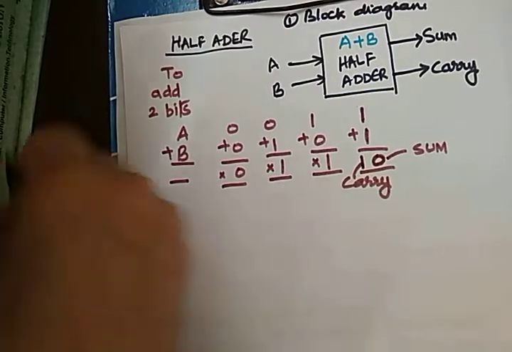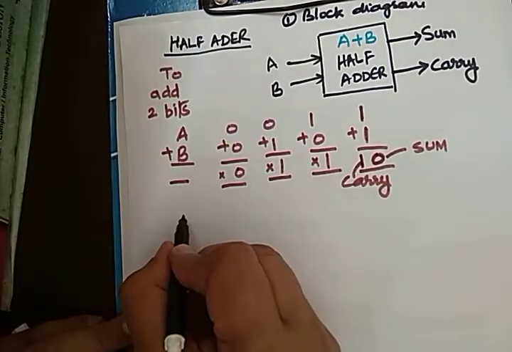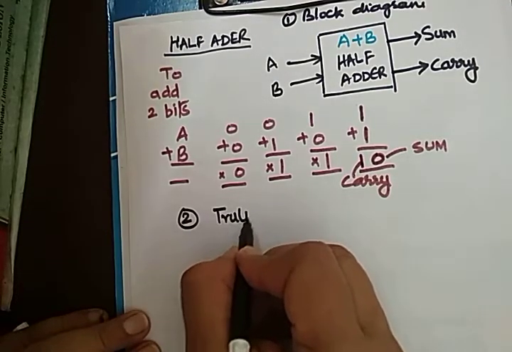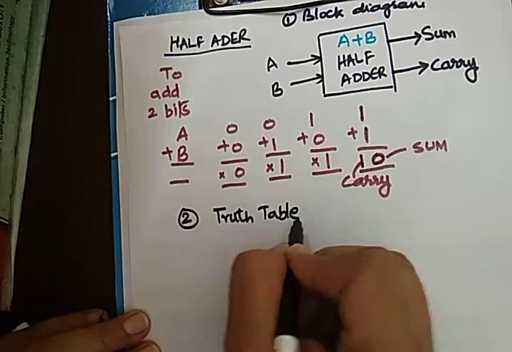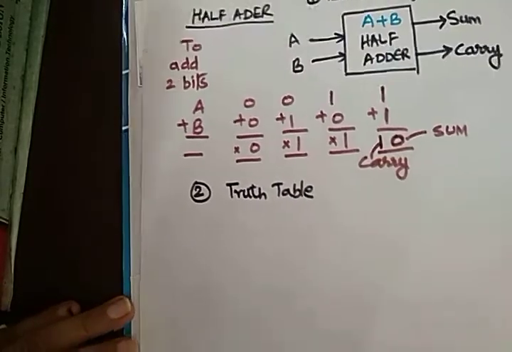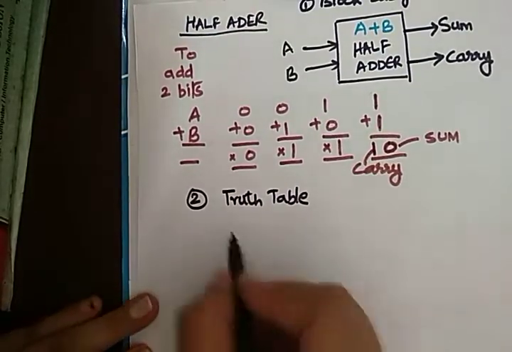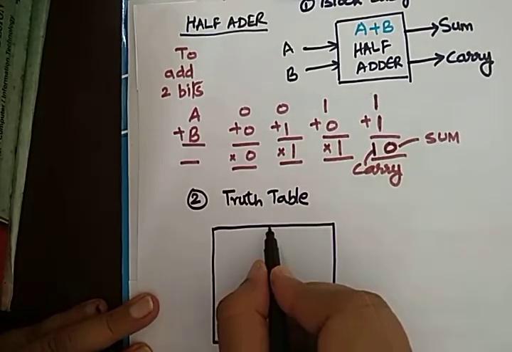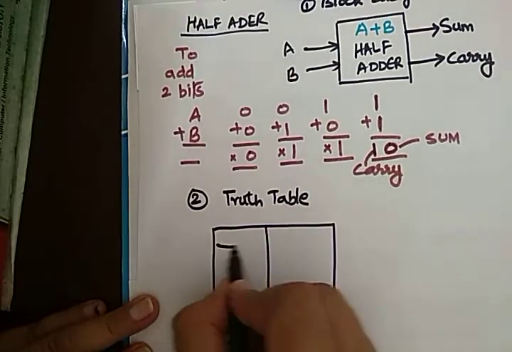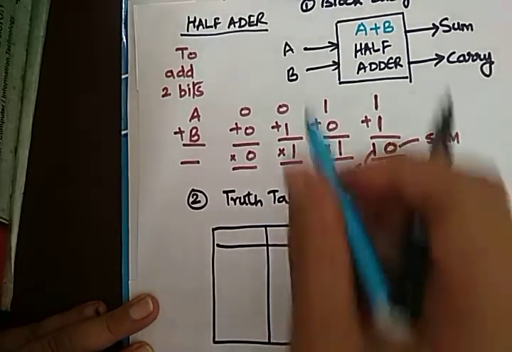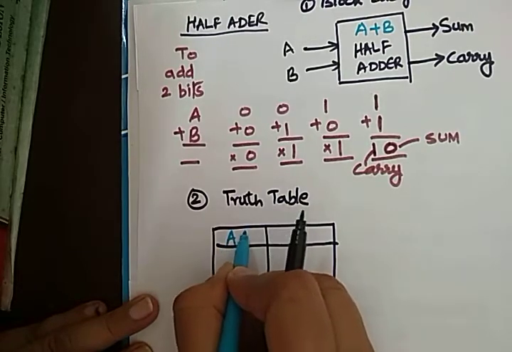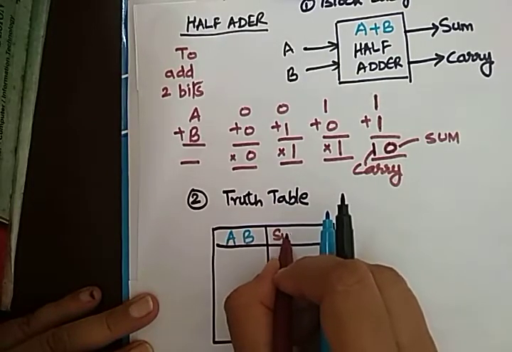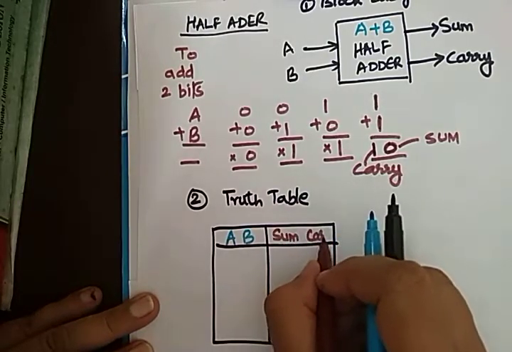The second step to understand any combinational logic circuit is to draw its truth table. If you draw the truth table of a half adder, it will be a table that has two inputs A and B, and the two outputs are the sum and the carry.